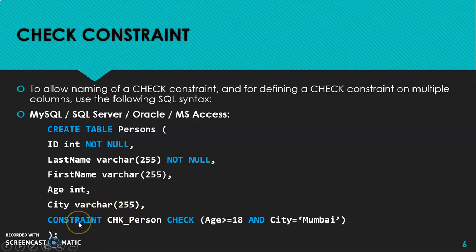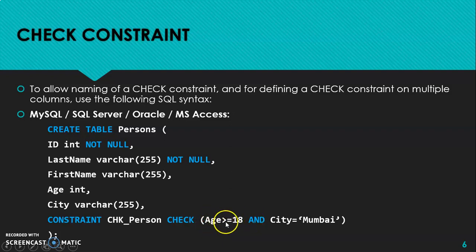Now the constraint: I'm adding a constraint as chk_person, meaning check person, so checking this person's table. Here I have two conditions, and both conditions should be true.